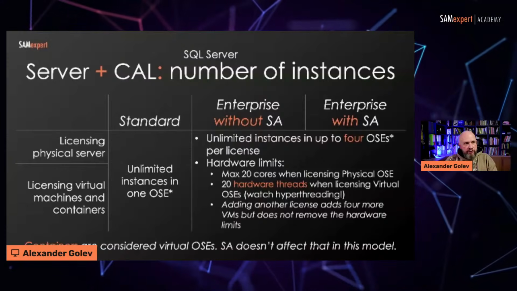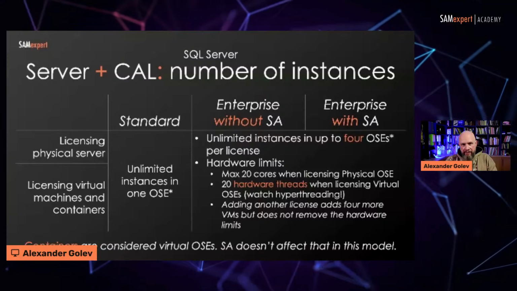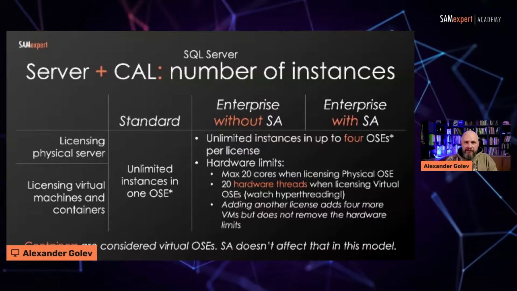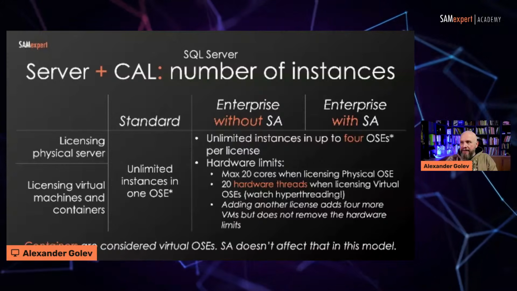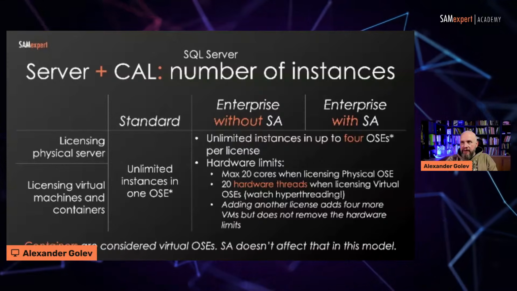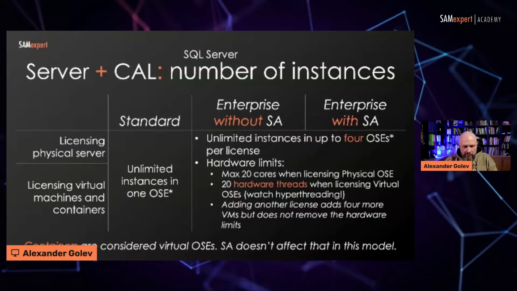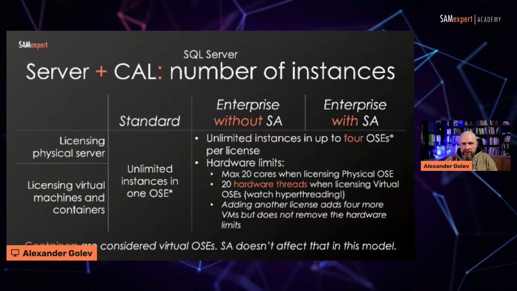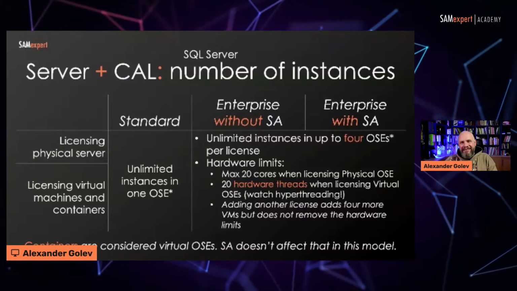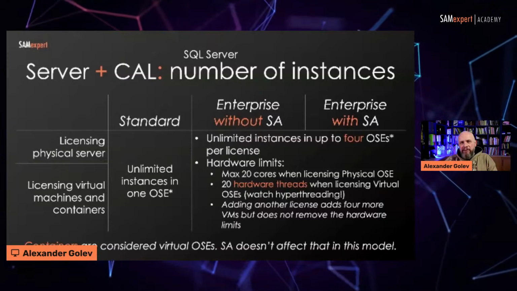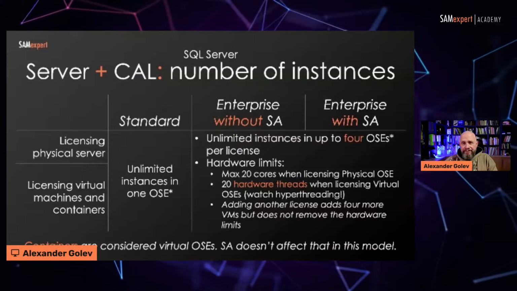Enterprise without software assurance. So server count, to remind you, the one that you cannot buy, but you may still maintain. You can read it from this slide, but the problem with that model is you're always limited by 20 maximum cores, which means, strictly speaking, that you're always limited by the choice of hardware.